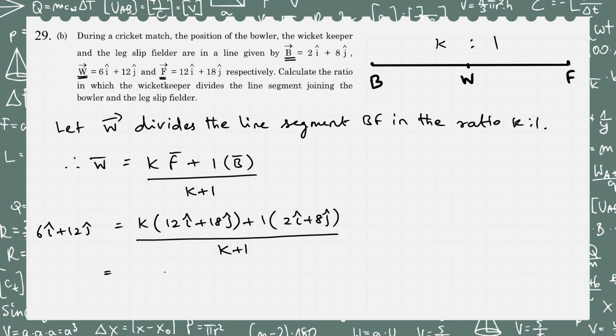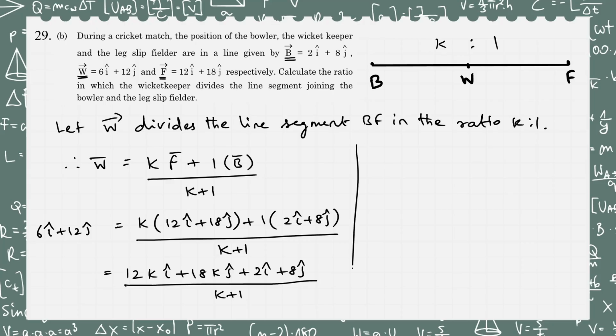Simplifying this further, we get 12ki plus 18kj plus 2i plus 8j divided by k plus 1. And this will be equal to, there are two i values, we can add them together, 12k plus 2, both are i vector related items, and 18k plus 8 for the j vector, divided by k plus 1.